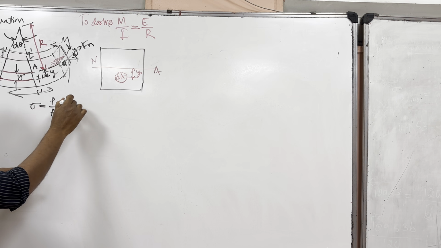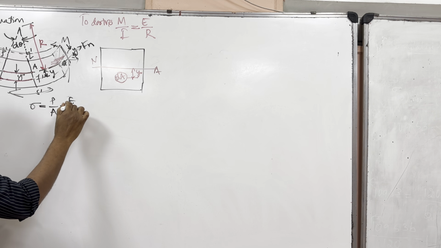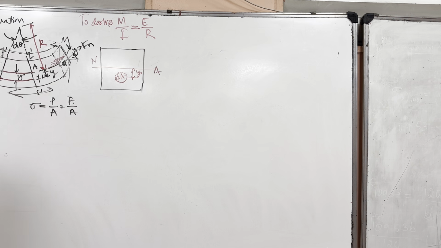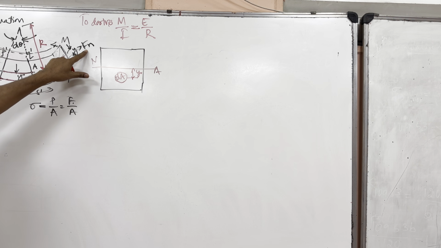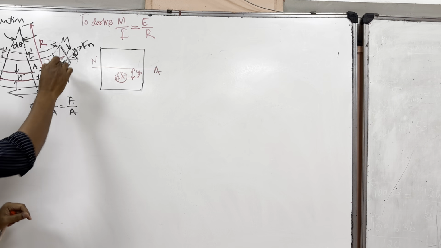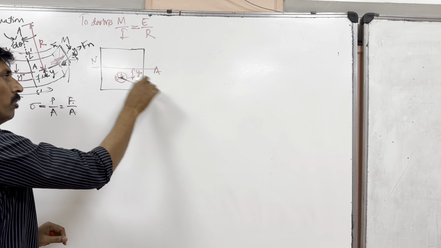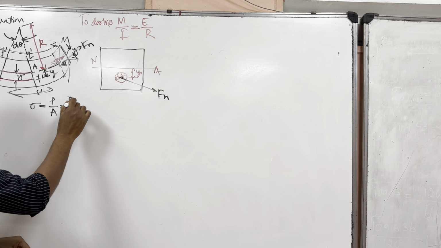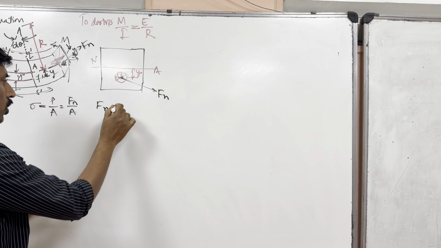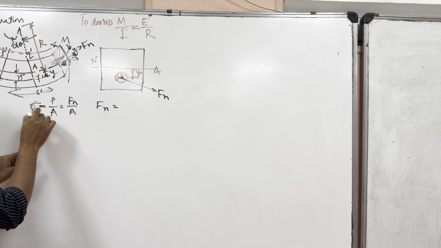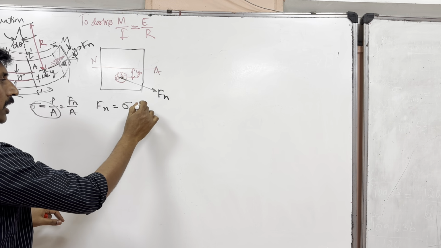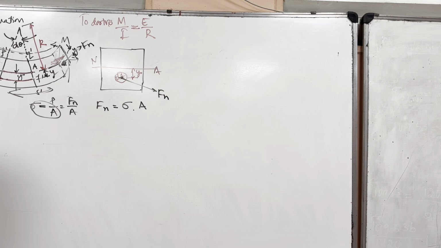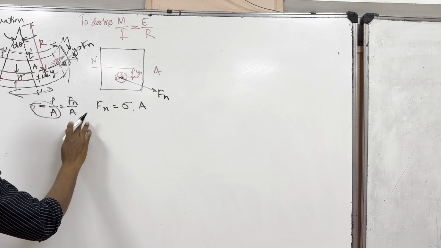You call it as P by A or F by A. So if I know Fn, if I know for this elemental area that there is a normal force coming out, which is Fn, then I can denote this Fn using this equation as sigma into area.